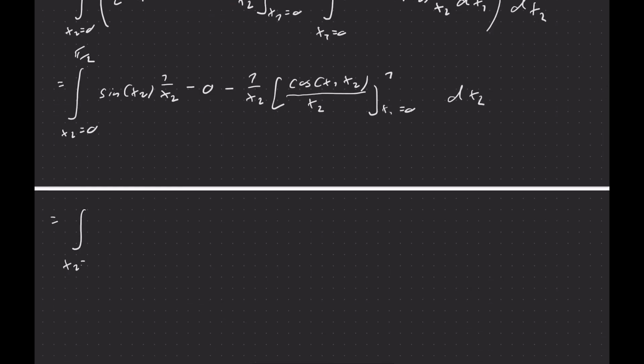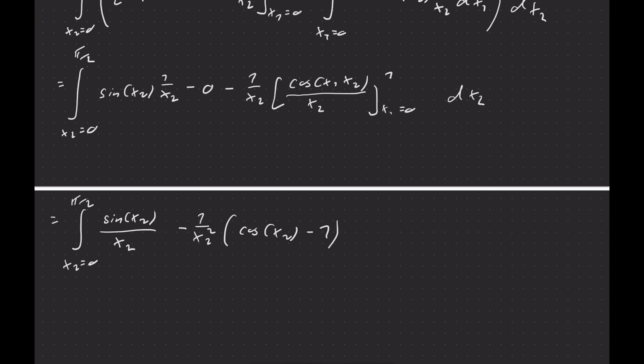So evaluating the inner terms, what we get is here, that's the sine of x2 over x2 minus, let's see what we get here. 1 over x2 squared, we can just take that out. And then we are left with the cosine of x2 minus the cosine of 0.